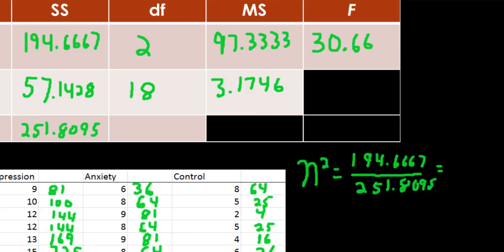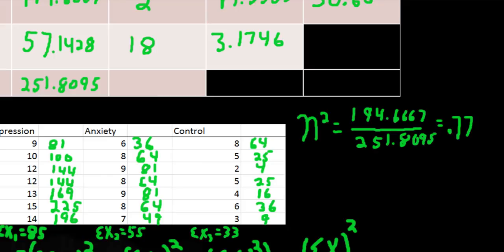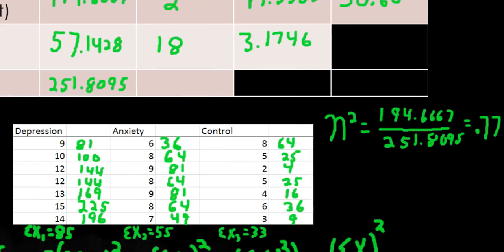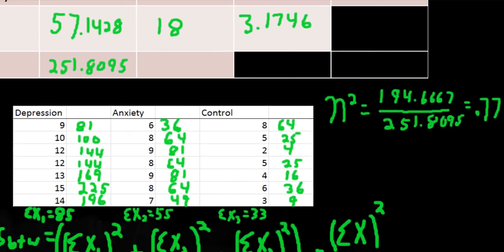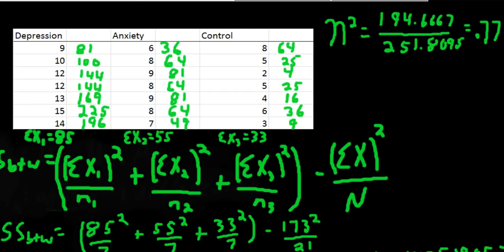And we get a very large 77% of the variance in depression scores is accounted for by which commercial the participant watched.